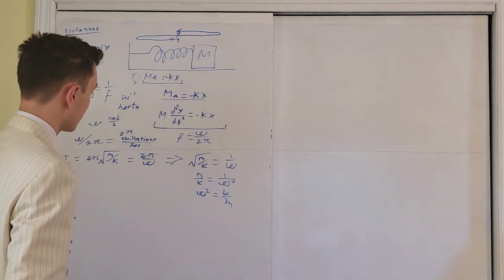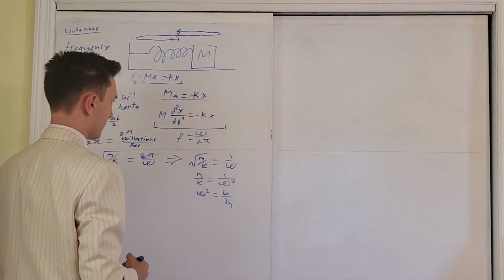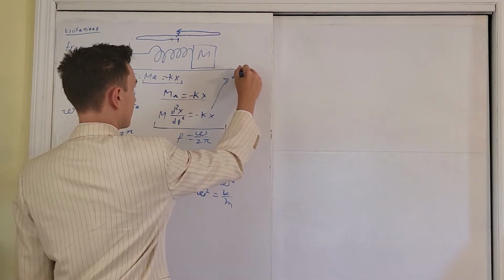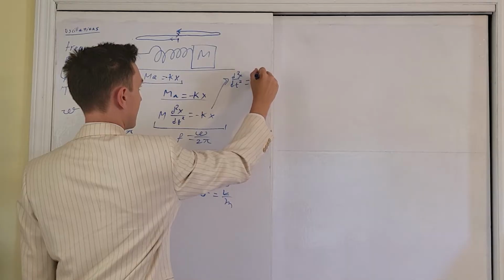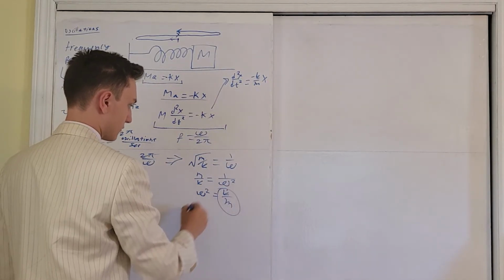And that's going to fit into our differential equation derivation right here. If I divide both sides by mass, I get d squared x over dt squared equals negative k over m times x, which is something I've just derived out right here.